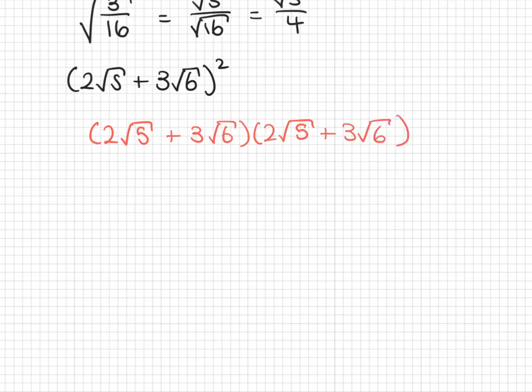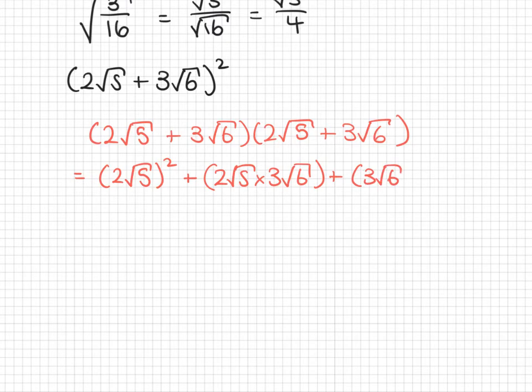And if I multiply that out, I'm going to get 2 root 5 times 2 root 5, or I can put that as 2 root 5 squared if I like. Then I've got plus 2 root 5 times 3 root 6. And then plus 3 root 6 times 2 root 5, plus 3 root 6 all squared.